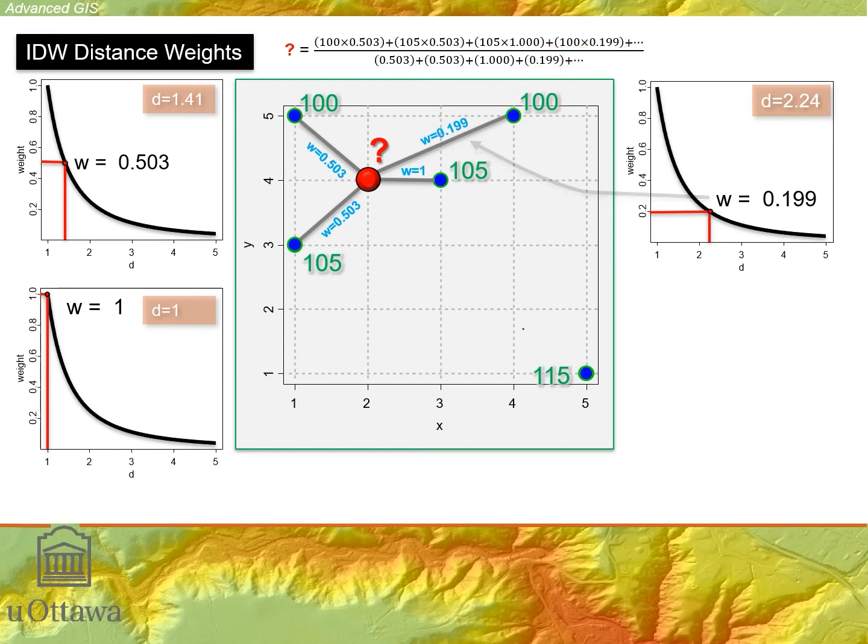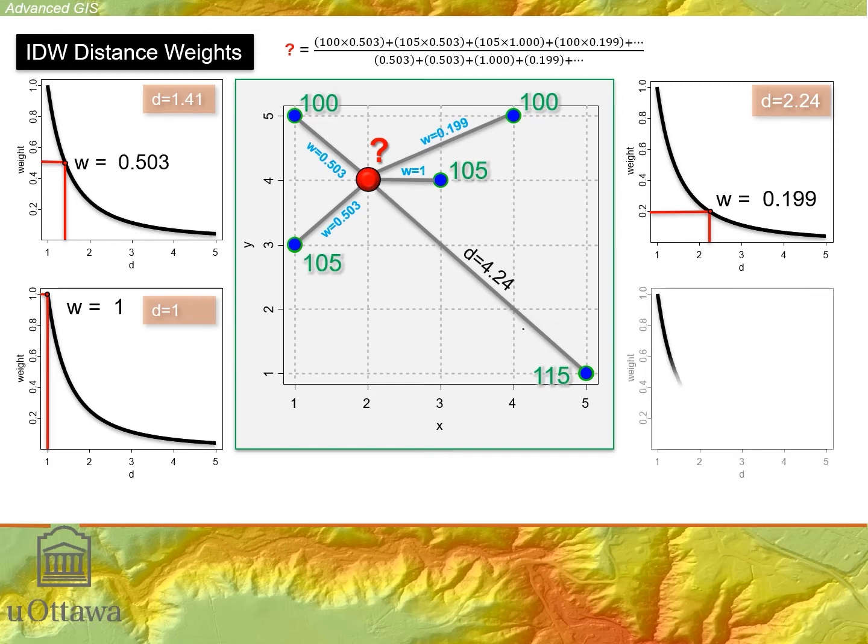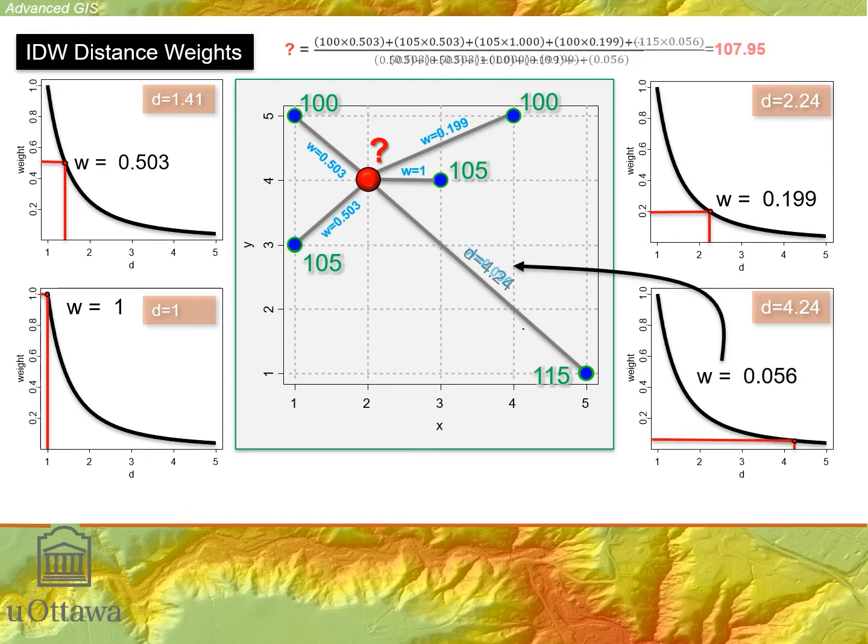Finally, we have one more left, which is the furthest one away, and so it should have the smallest influence. It's at a distance of 4.24 units away. So we draw our inverse distance curve and mark off the distance of 4.24 on the x-axis and find what the y value is for that location where it intersects the curve.